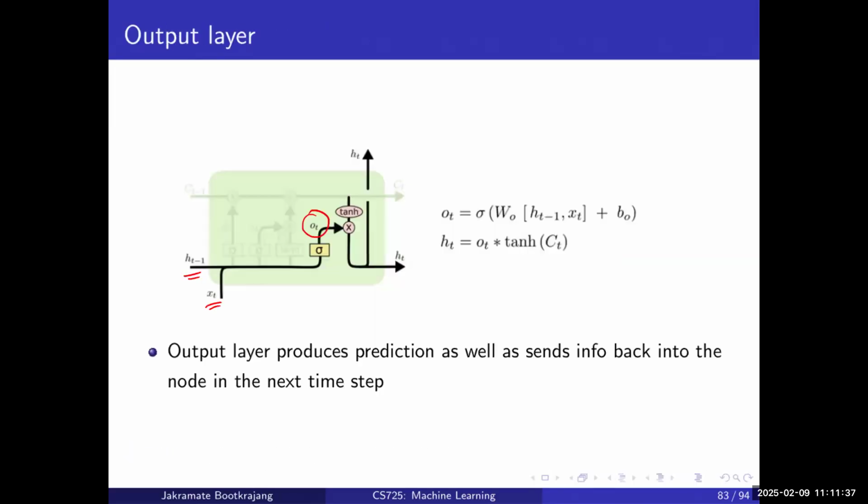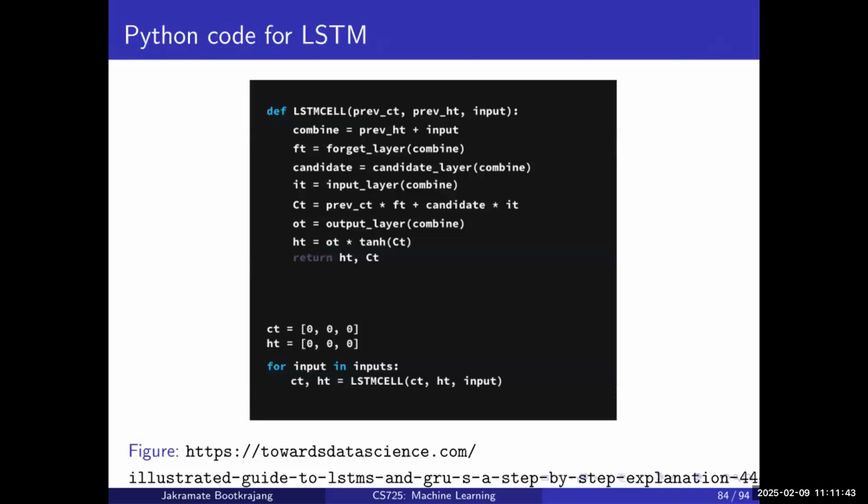So those are all the layers that we have. And if you want to do the calculation, there is this code that you can try. Basically, it will tell you the output of each time step and the output of each node at each time step.